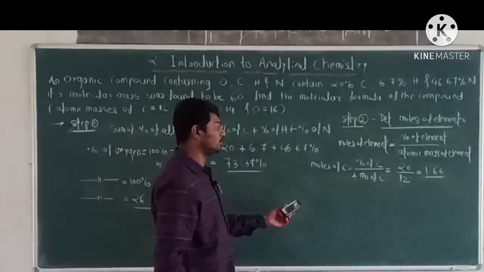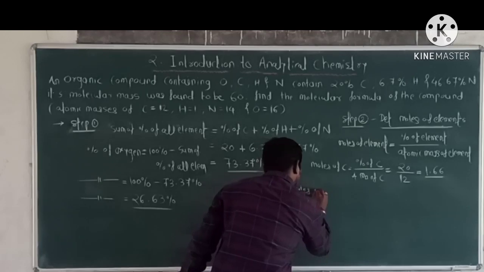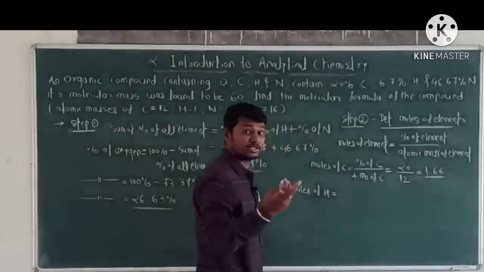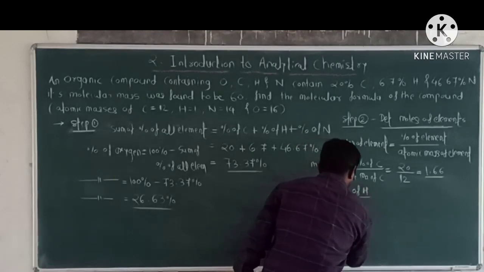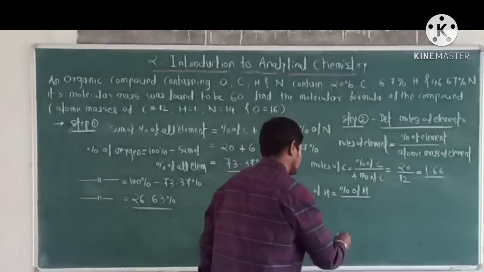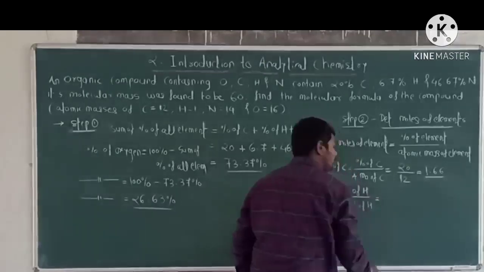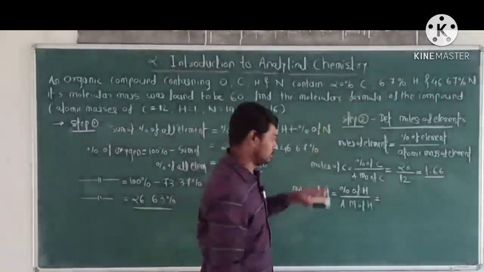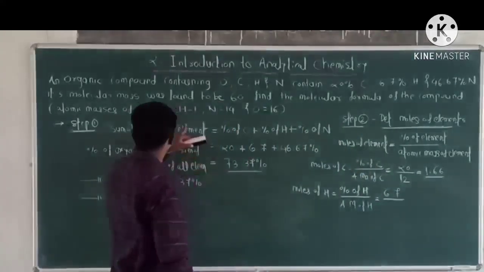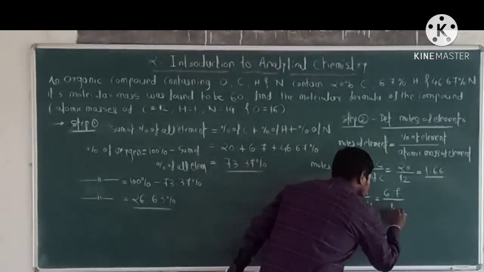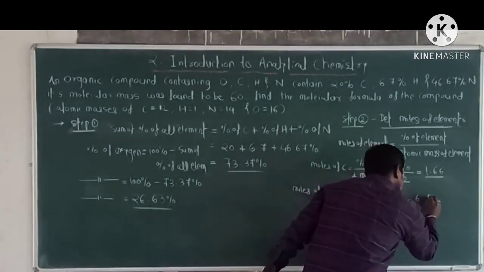Next, determine the moles of hydrogen. Moles of hydrogen is equal to the percentage of hydrogen, 6.7, divided by the atomic mass of hydrogen, which is 1. Solving this, moles of hydrogen is 6.7.